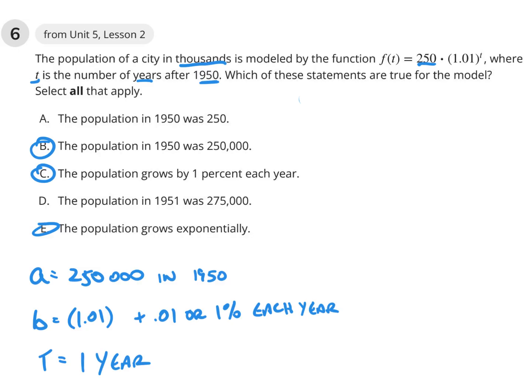I'm going to put 250 parenthesis 1.01, close it, caret x, second graph it, and then we see in year one it was 252,500, not 275. So A, B, C, and E are the ones that work.